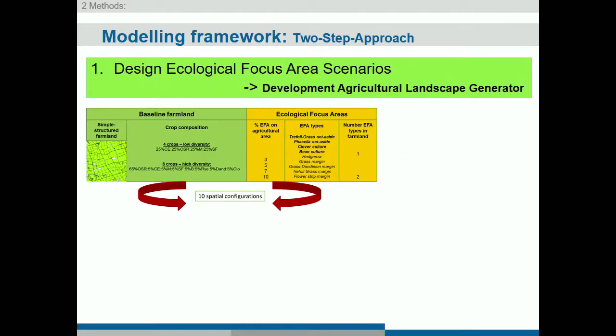To do this, we developed a modeling framework in a two-step approach. At first, to design the ecological focus area scenarios, we developed an agricultural landscape generator.